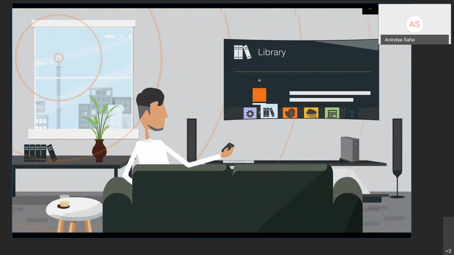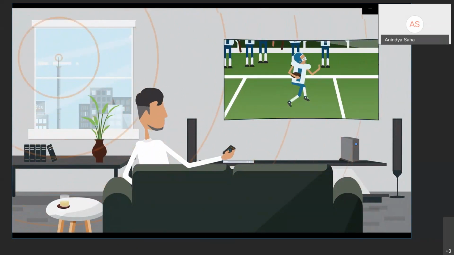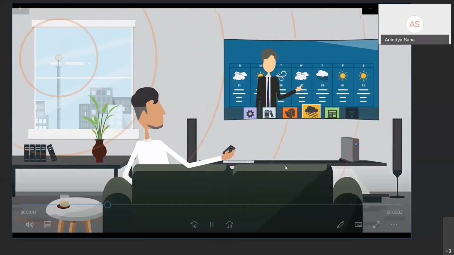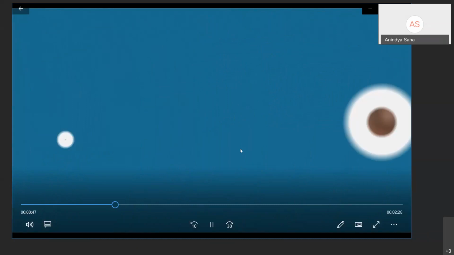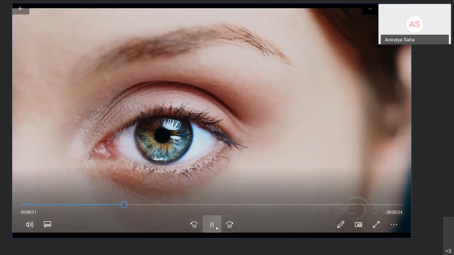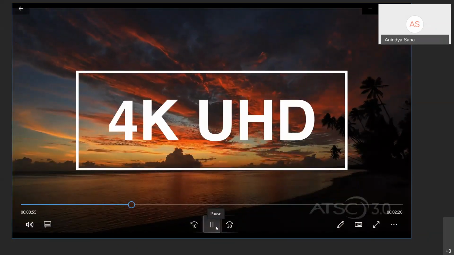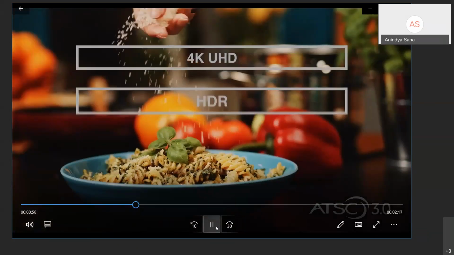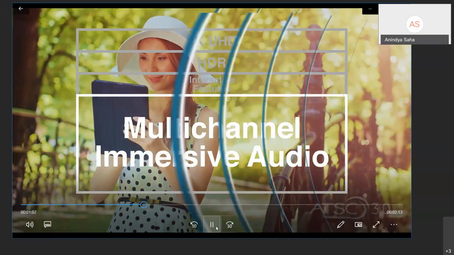It talks that it's a next generation platform. It is talking of watching live events with a lot of online things. It can deliver 4K UHD, it can give high dynamic range, has interactive features, multi-channel immersive audio.